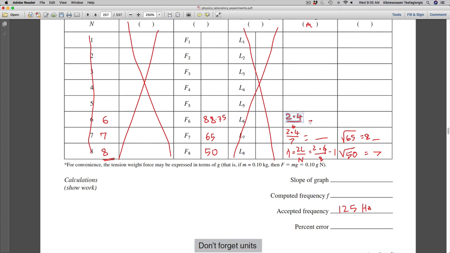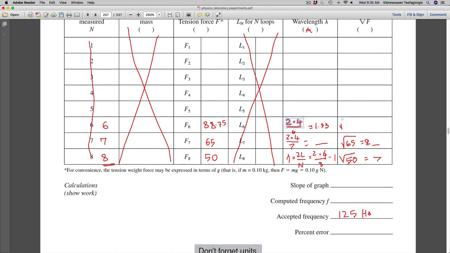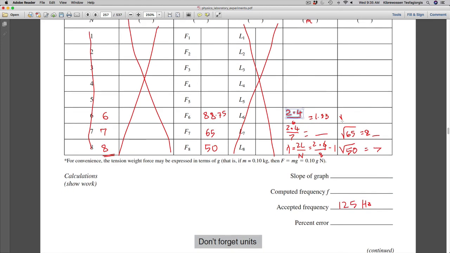So 8 divided by 6 is approximately 1.33, right? And then of course the square root of your force is going to be the square root of 88.75.